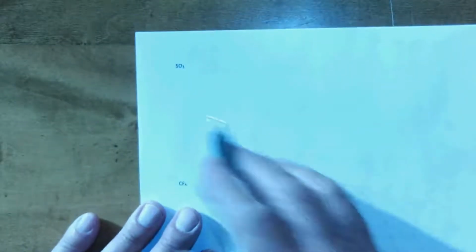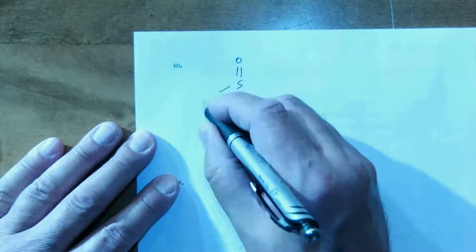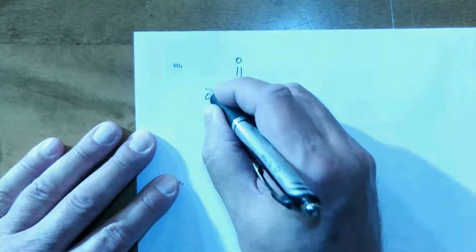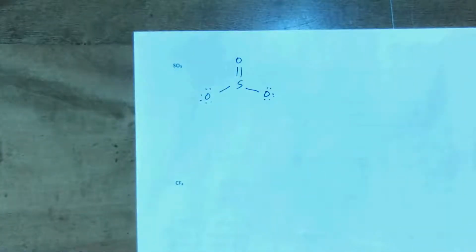We have sulfur trioxide. So we have SO3, and the Lewis structure for that guy is sulfur connected to the three oxygens. There's your sulfur trioxide.